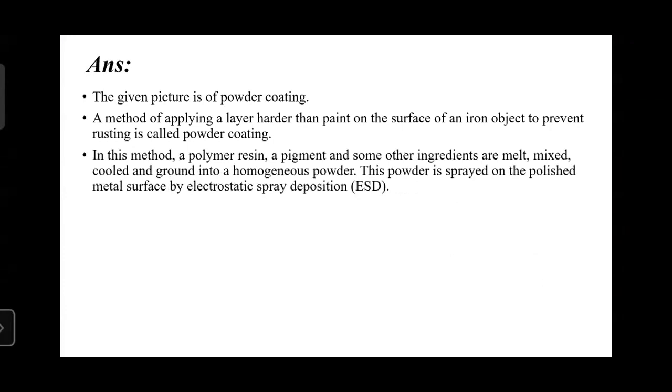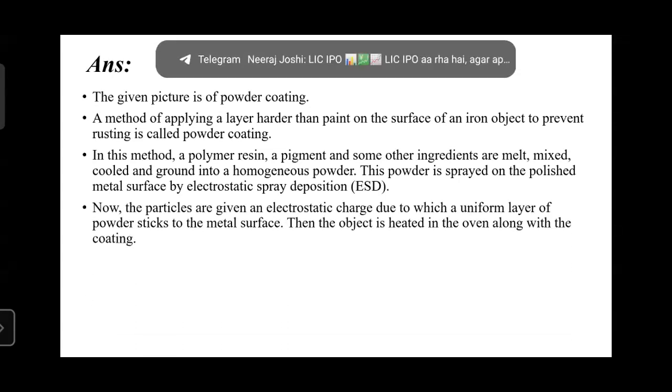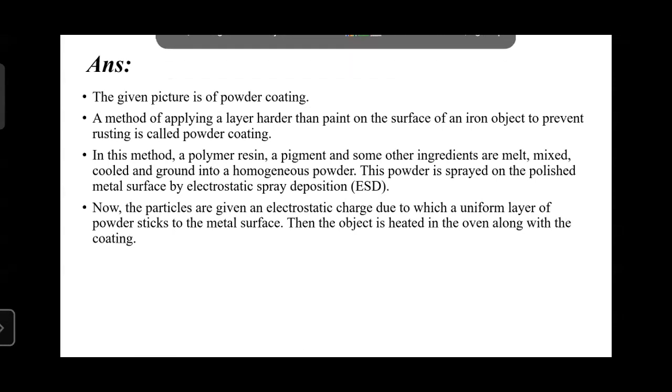Next, in this method, the polymer resin, a pigment, and some other ingredients are melted, mixed, cooled, and ground into a homogeneous powder. This powder is sprayed on the polished metal by an electrostatic spray deposition, that is ESD, machine. Now the particles are given an electrostatic charge, due to which a uniform layer of powder sticks to that metal surface.